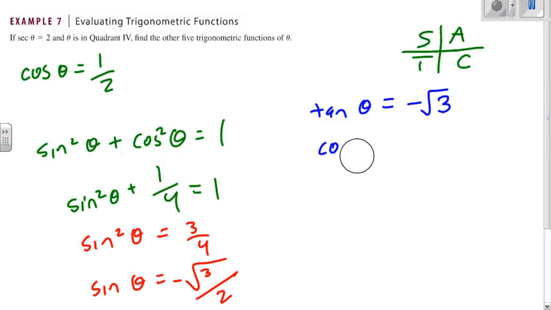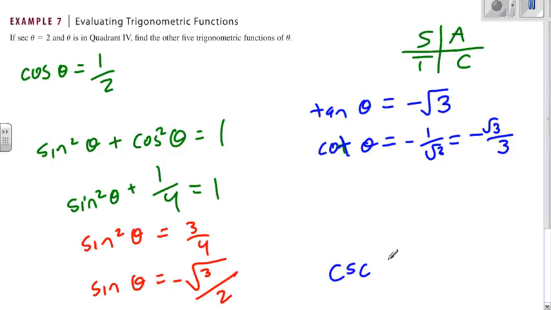Which means cotangent is the reciprocal. So negative 1 over square root of 3, which is square root of 3 over 3, and it's negative. And then sine, by flipping that, we will find cosecant.